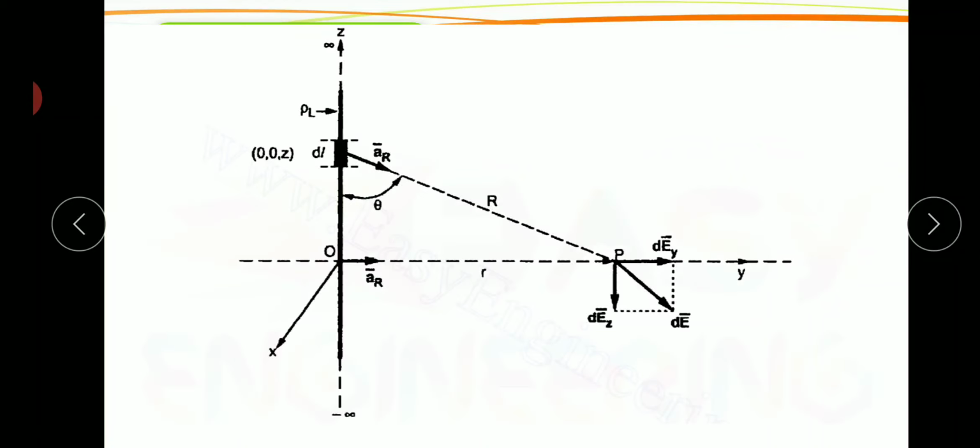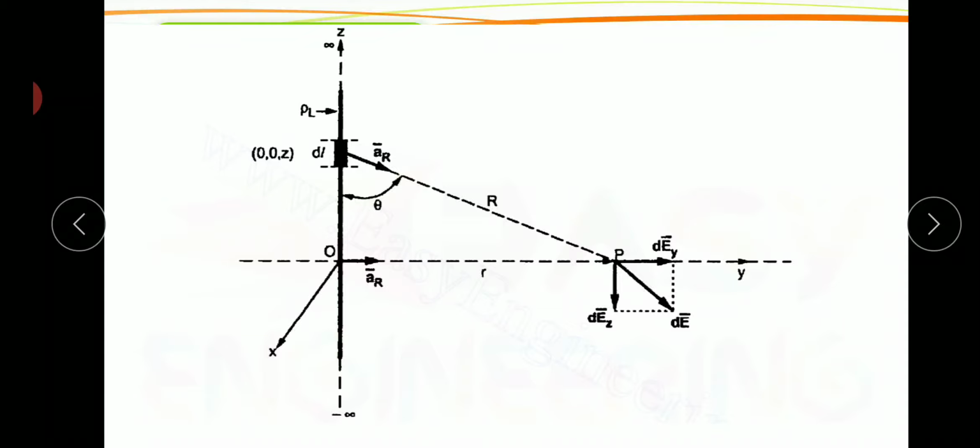So this figure represents the electric field intensity due to an infinite line charge. Let us assume a charge along the z axis having limits minus infinity to plus infinity. That's why this line charge is named an infinite line charge.